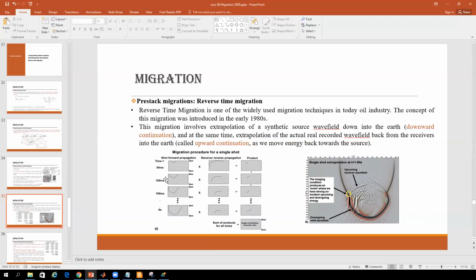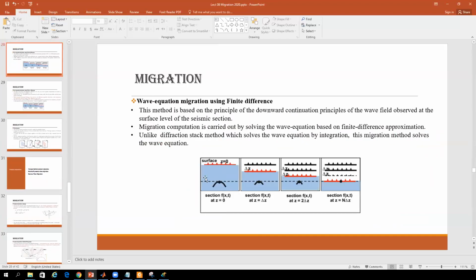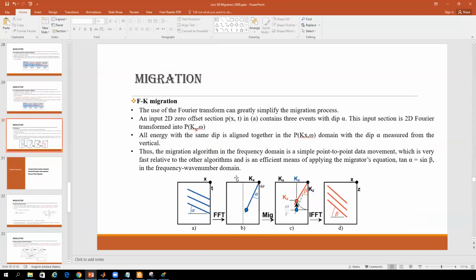Then we do the same thing for every time sample or every time interval, as we did in the one-way wave equation migration.